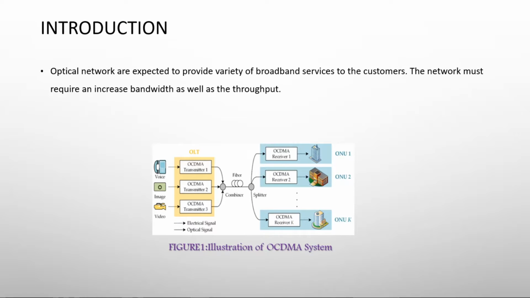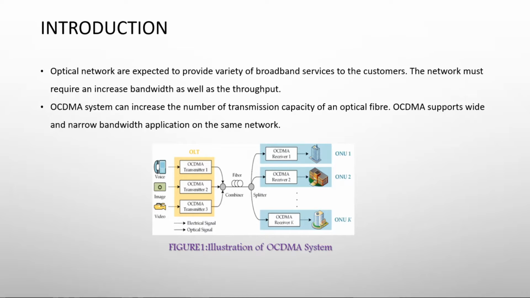As we know, the optical network nowadays is expected to provide a variety of broadband services to the customer. The network requires an increase of bandwidth as well as throughput. So the OCDMA system can increase the transmission capacity, as you can see in Figure 1, which shows the illustration of an OCDMA system.